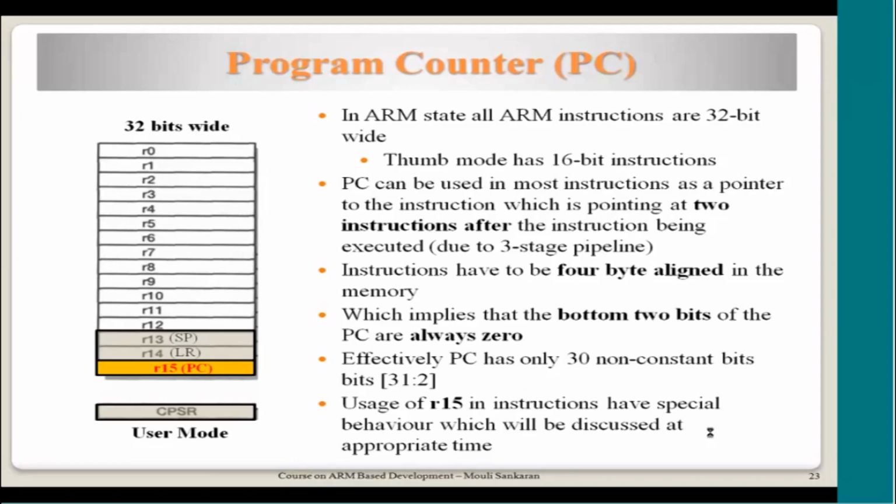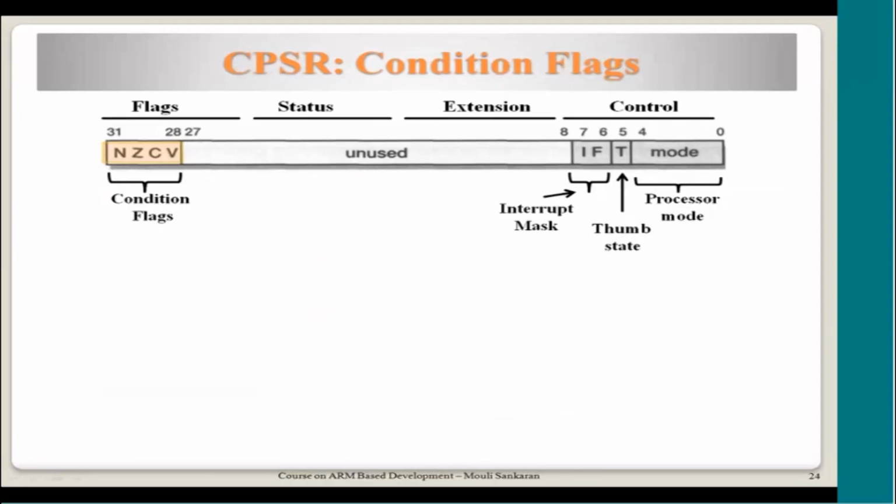Now, conditional flags: we have talked about this earlier. When some binary operation is done, how these flags are set, we understood. Now this is the place they occupy in the CPSR register. The MSB 4 bits are mapped onto these flags.